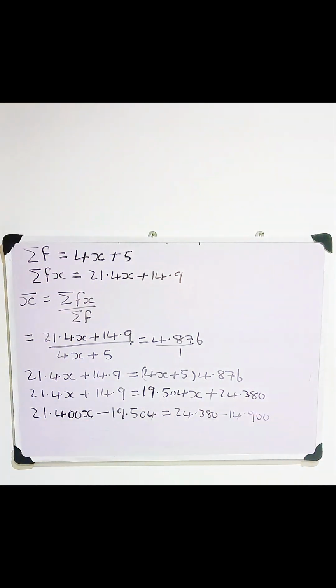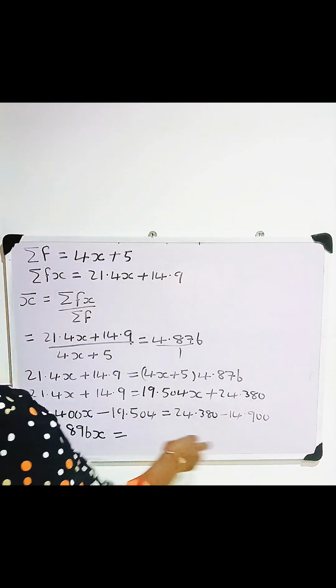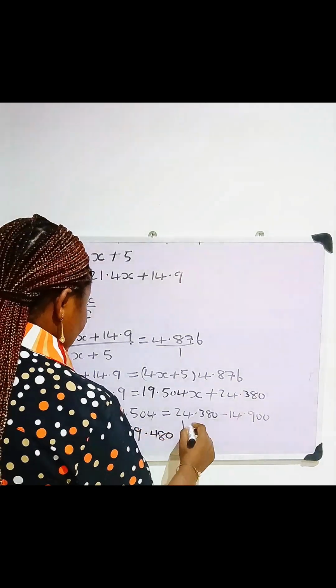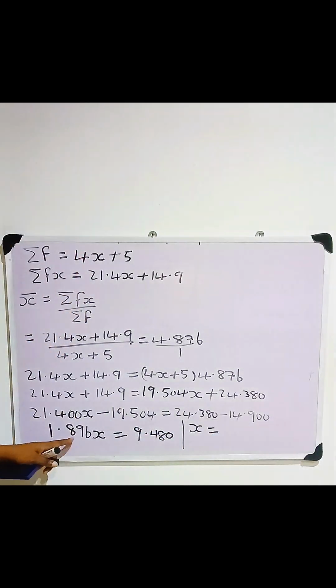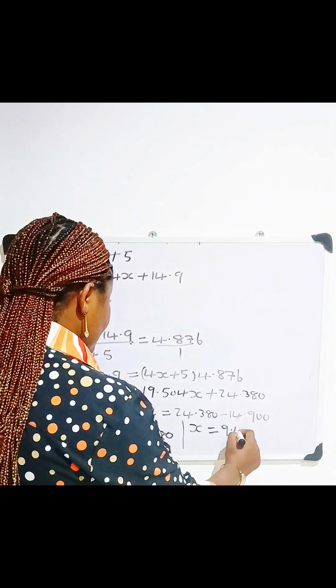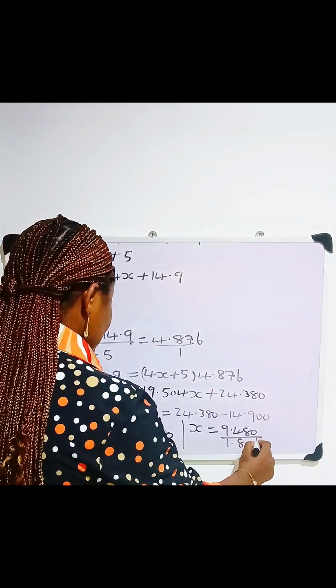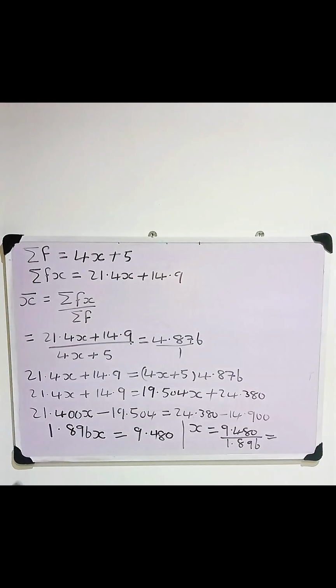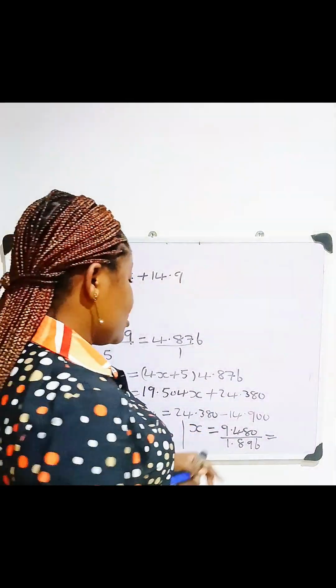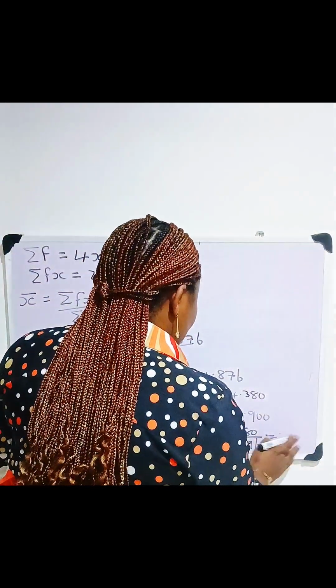So this minus this, we will have 1.896x equal to 9.480. So x will be equal to 9.480 divided by 1.896. Feel free to use your calculators at this point. When you punch this by this, you realize that we'll have 5.